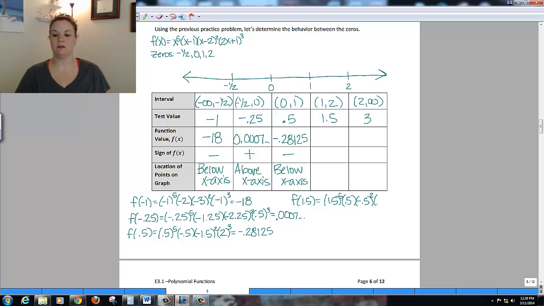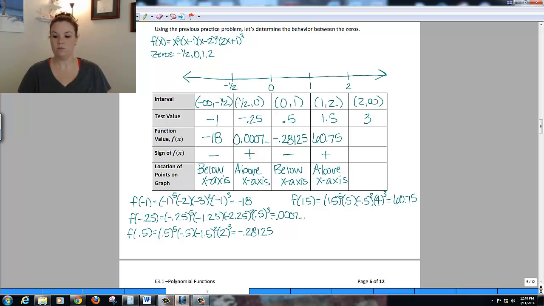That one's squared. And then 2 times 1.5 is 3, plus 1 is 4 cubed. Okay. And if I multiply all those together, I get 60.75, which is a positive number, which means that all of my y values for this interval of x's are going to be above the x-axis.